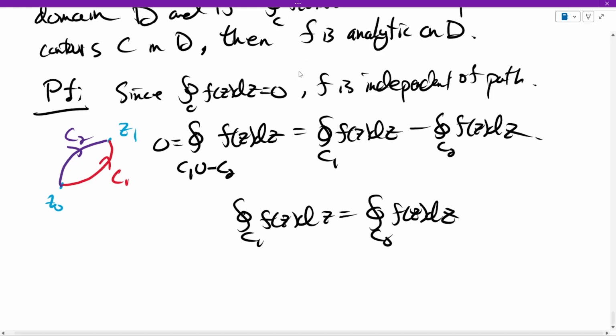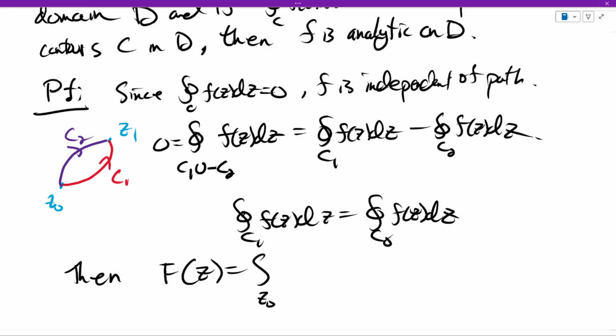All right, since it's independent of path, we can define an antiderivative, F of z, as the integral of f of z dz. So this is an antiderivative.